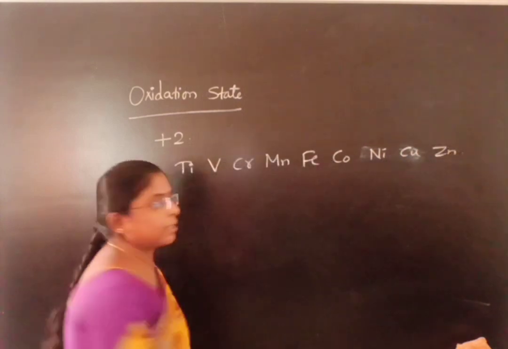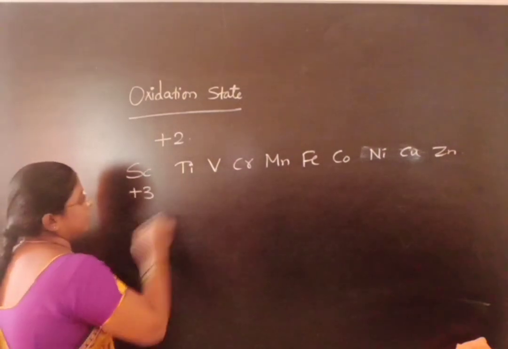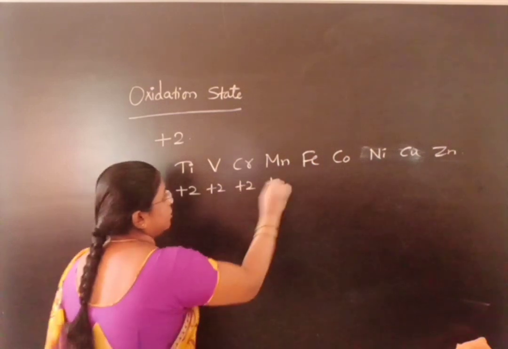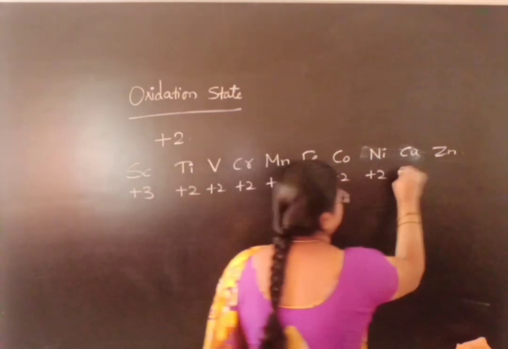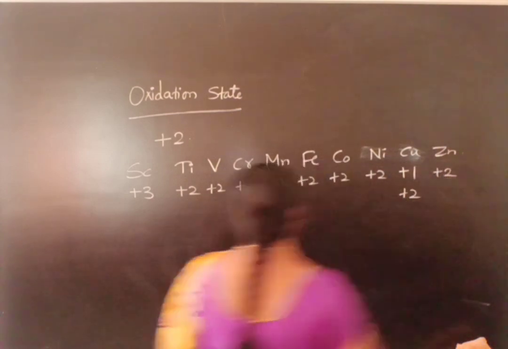Scandium exhibits an oxidation state of +3. Titanium, vanadium, chromium, manganese, iron, cobalt, nickel, copper exhibit both +1 as well as +2. Zinc will be +2.